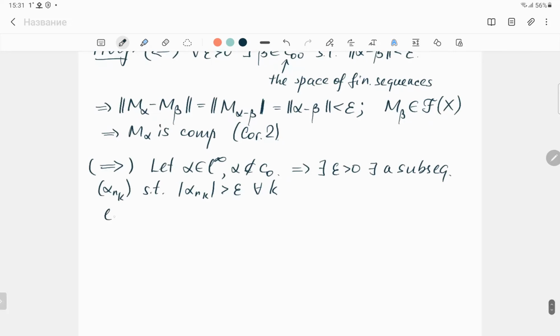Well, as usual, we denote by e_n the following element of our space.